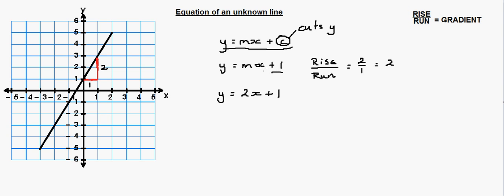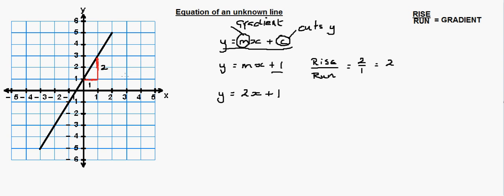Now we have mx. Now the m is the gradient. This is how steep or how shallow that line is.